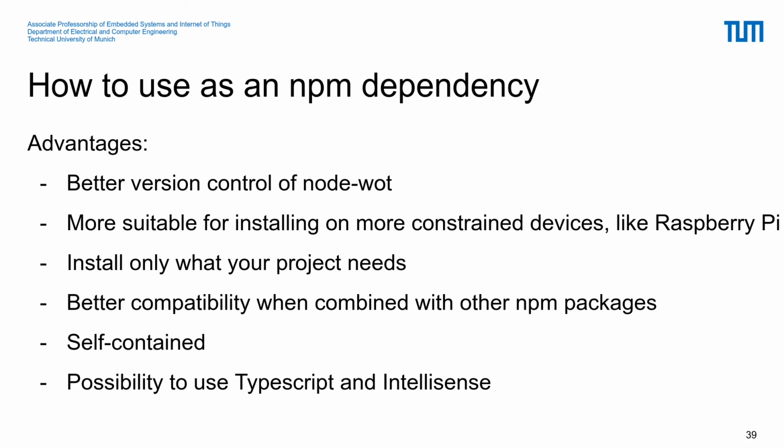It actually provides better compatibility when you combine your other npm packages, such as, let's say, reading the GPIO pins of the Raspberry through the GPIO package, or AJV for JSON schema validation. Also, it allows your projects to be contained in one folder so that you can even copy paste this folder into other locations and you would have the whole content in there.